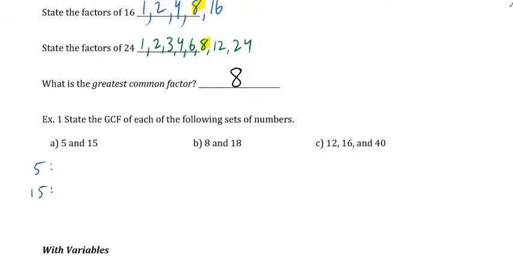Josh, what are the factors of 5? 1 and 5. 1 and 5, nice. That means it's prime, very good. It's an easy one. Okay, and if you're not done already, try 15.